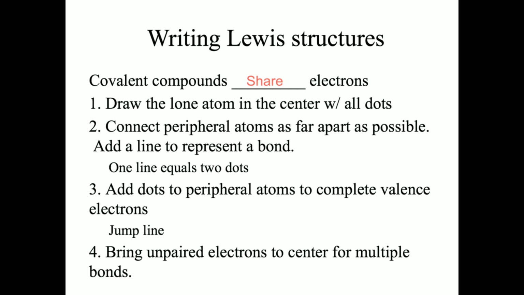Use lines to show bonds. Then, add the electrons for the peripheral or outside atoms so that they have the number of electrons needed to complete their valence shell. If any electrons are not in pairs, pair them up so that you can form a multiple bond. We will do some together, and then you can try some on your own.